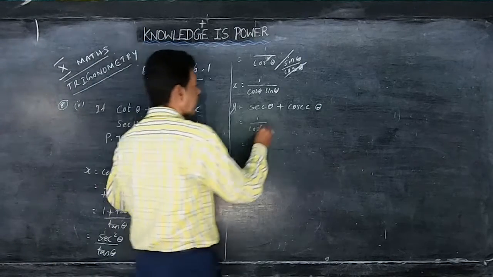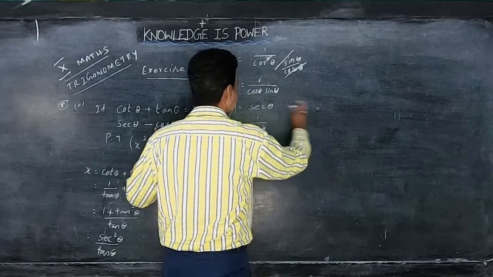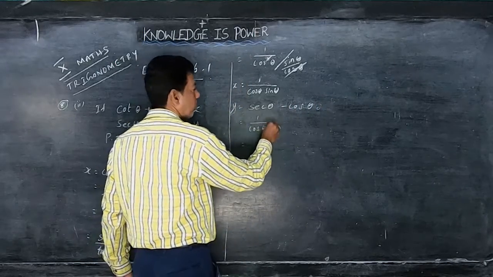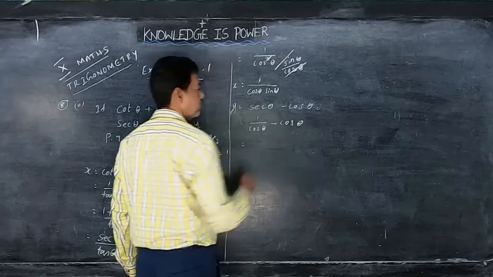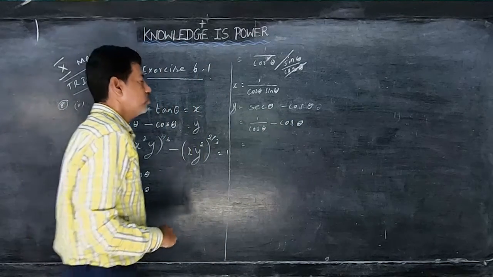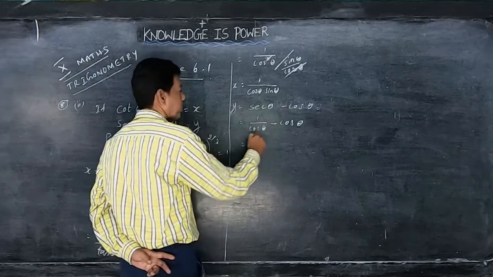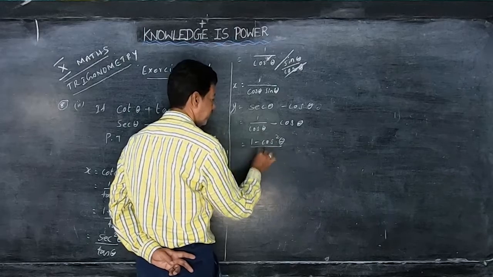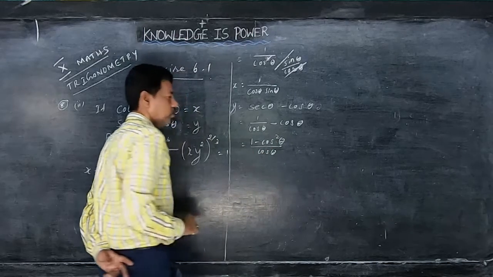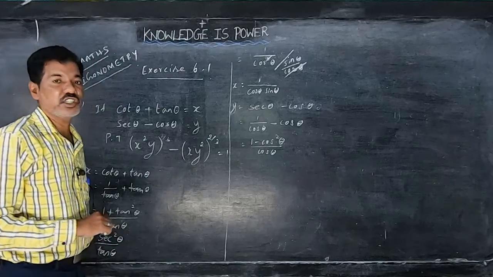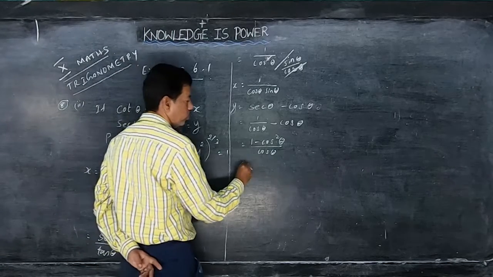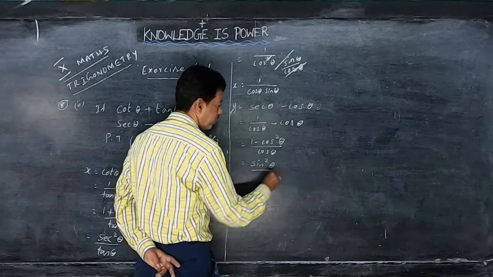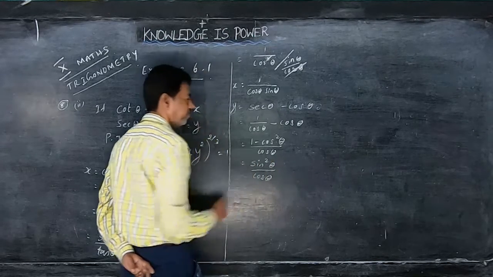So here, minus, secant theta minus cos theta. Secant is 1 by cos minus cos theta. So if you make the same denominator, 1 minus cos square theta divided by cos theta. 1 minus cos square is nothing but sin square theta divided by cos theta.